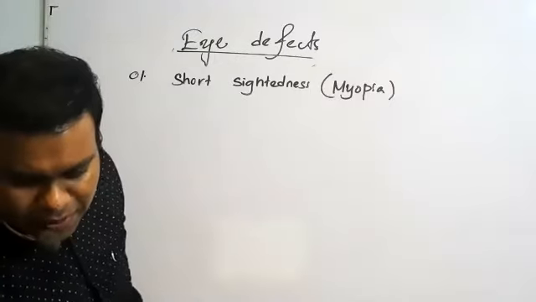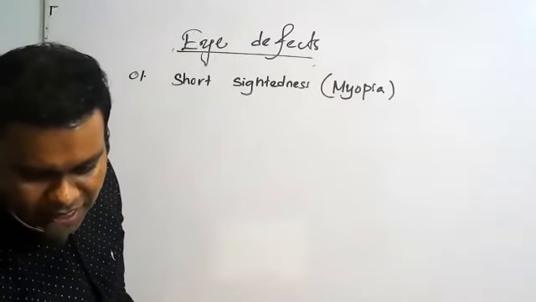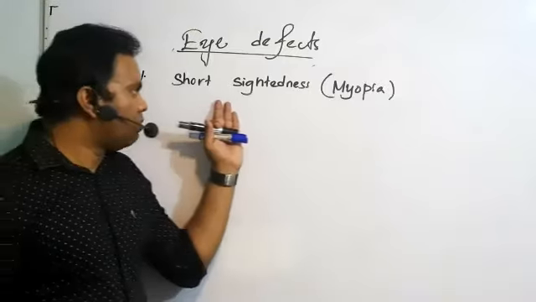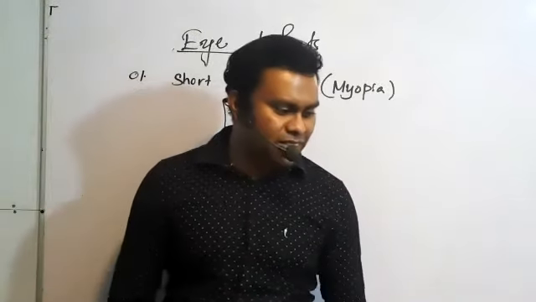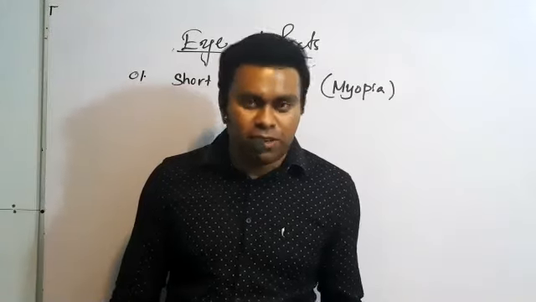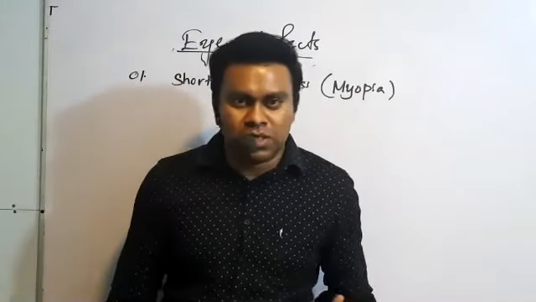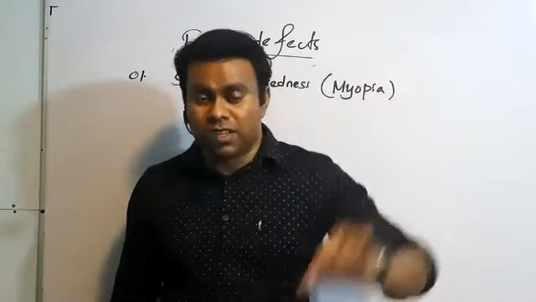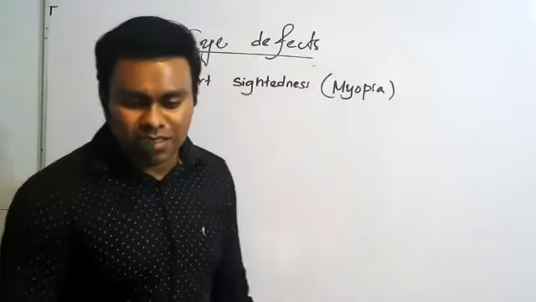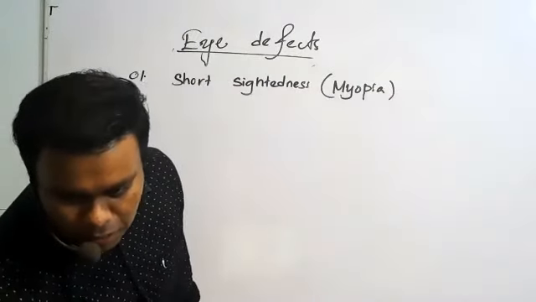Now you know the way of understanding the disease condition or the defect. What happens to the vision here? Near objects can be seen. This patient cannot observe objects far away. So let's draw a short-sighted person. Okay? So this person can observe.